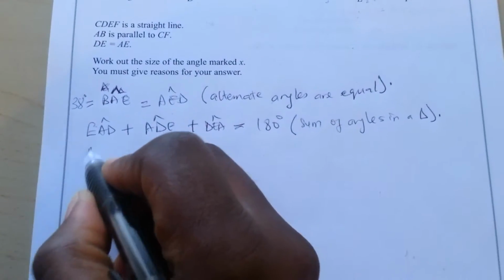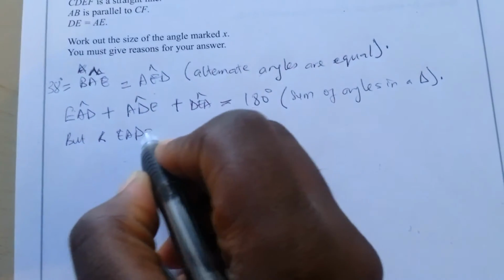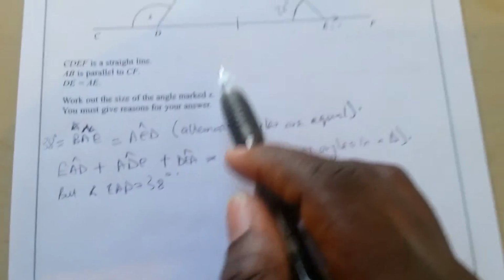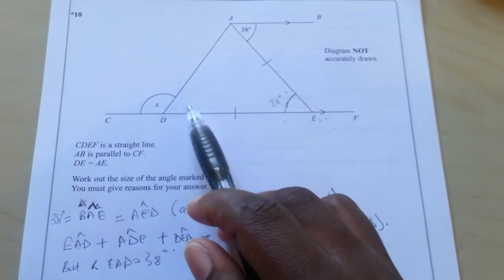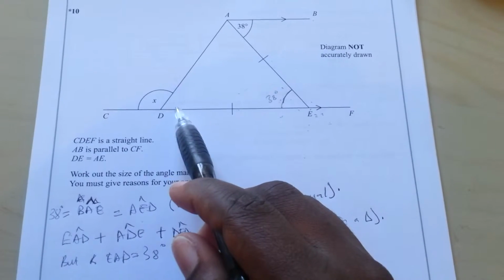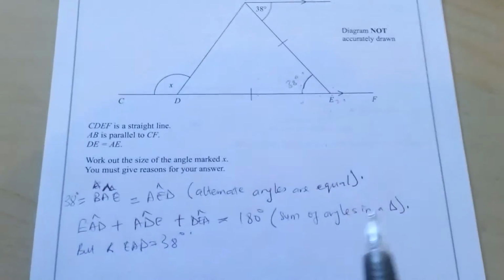We're given AED or DEA, so angle EAD is 38 degrees. So you can now have this angle equal to this angle, since both of them are base angles of an isosceles triangle.